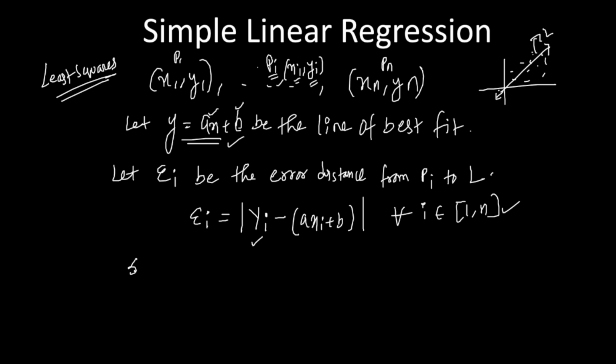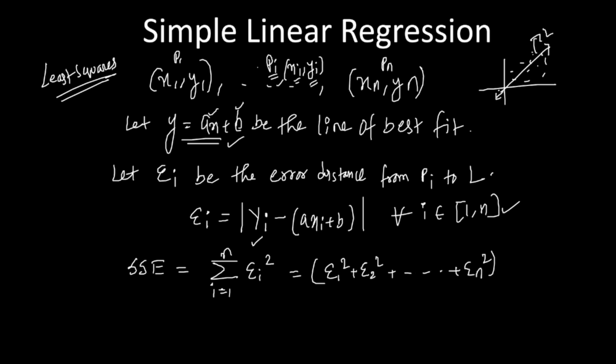Now, what we are going to do is SSE, the sum of the squared errors. How do we do it? We sum all the n errors by squaring them. So summation i equals 1 to n of epsilon i squared. In simple words, this is epsilon 1 squared plus epsilon 2 squared up to epsilon n squared. Okay, great.